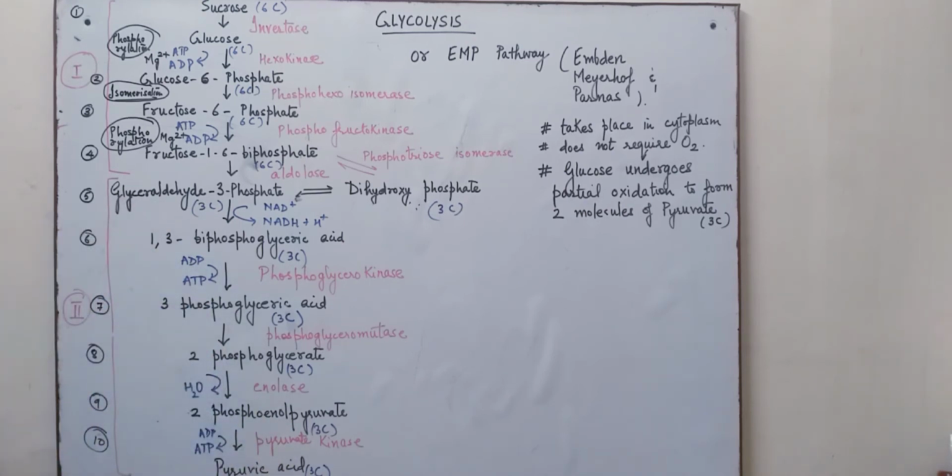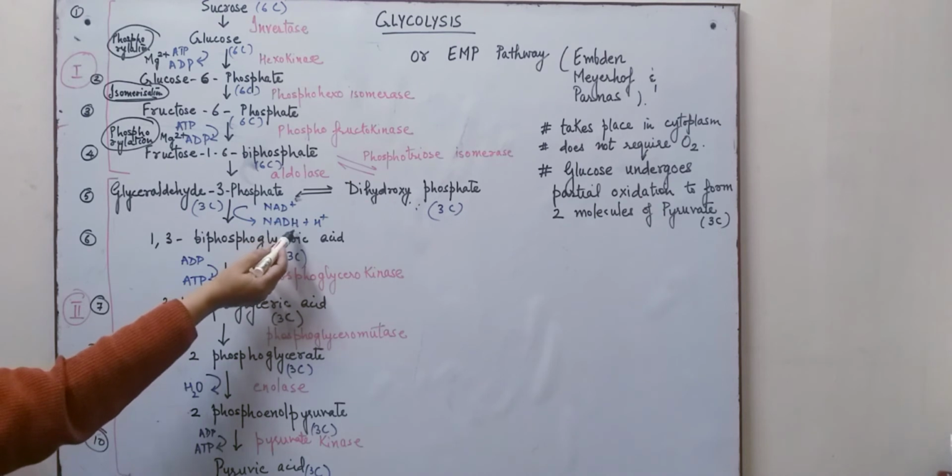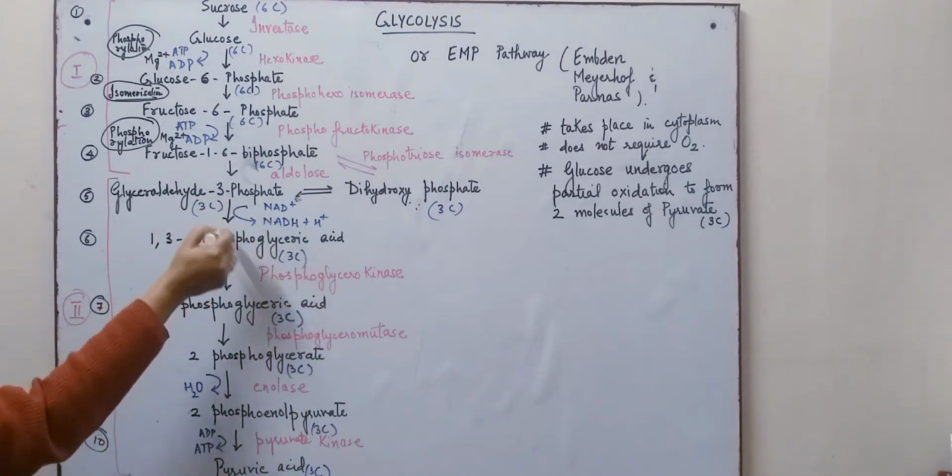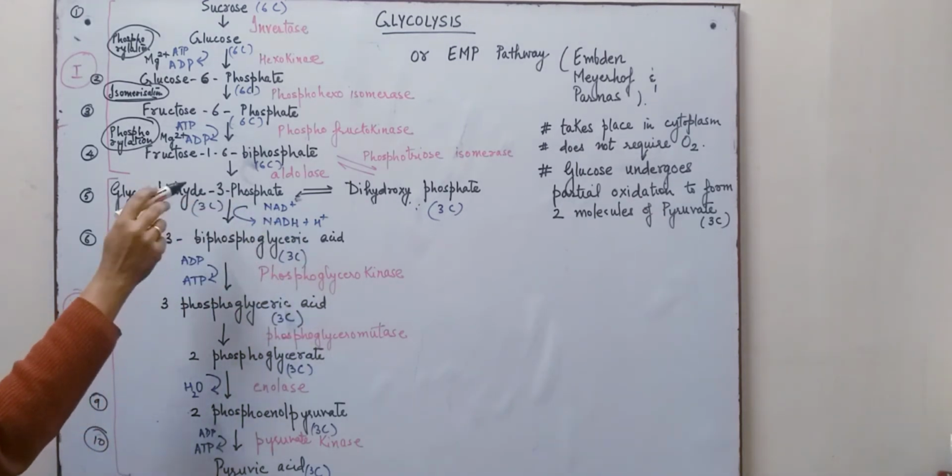So the glyceraldehyde 3 phosphate gets converted into 1,3 biphosphoglyceric acid. Now here this reaction involves the addition of inorganic phosphate and the reduction of NAD plus to NADH and H plus. So here the reduction is taking place.